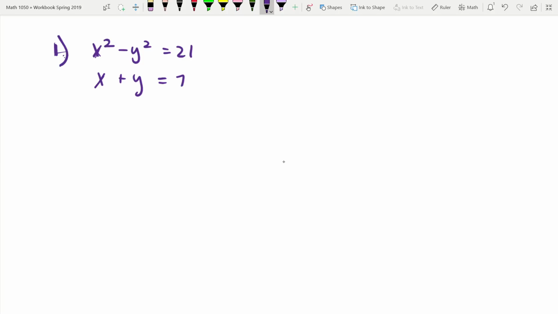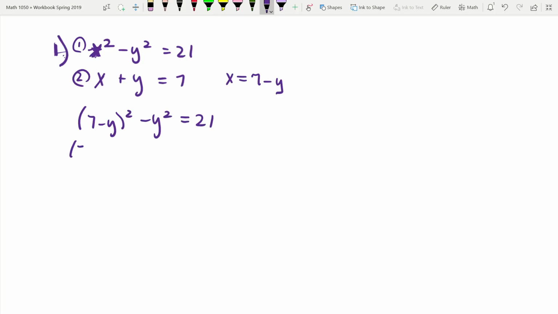Solving equation 2 for x, I get x equals 7 minus y. Then I'm going to go back up into equation 1, and right where I see an x, I'm going to put in 7 minus y. So I'm going to go in parentheses, (7 minus y) squared minus y squared equals 21.